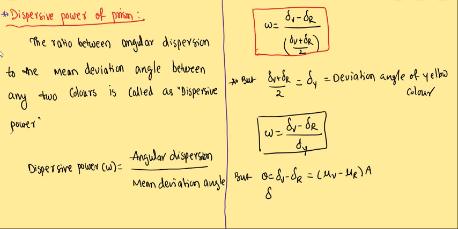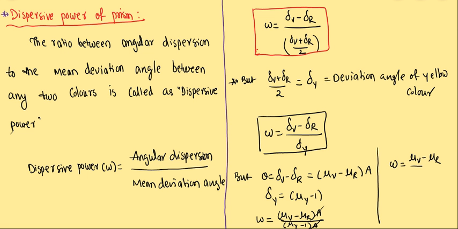And the deviation angle of yellow color we write as nu Y minus 1 into A. If we substitute in the above equation, we get another formula: nu V minus nu R into A by nu Y minus 1 into A. This A gets cancelled, and finally we get the formula for the dispersive power, that is nu V minus nu R by nu Y minus 1.